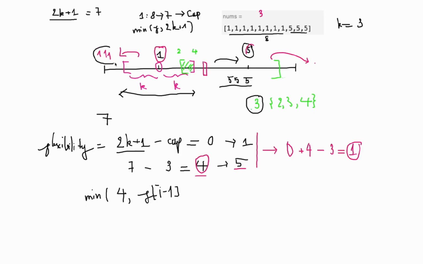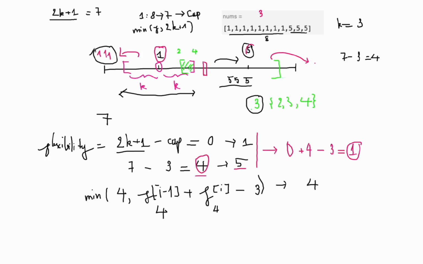In here we have 3 elements, so the capacity of this one is 7 minus 3, that is 4. So here we have 4, plus the current one, that is the 3. It means f of i, the flexibility, is the current one, 4, minus this one, that is 3. So we can see that this one will result in 4. It means that we keep all of the flexibility of 5 intact.